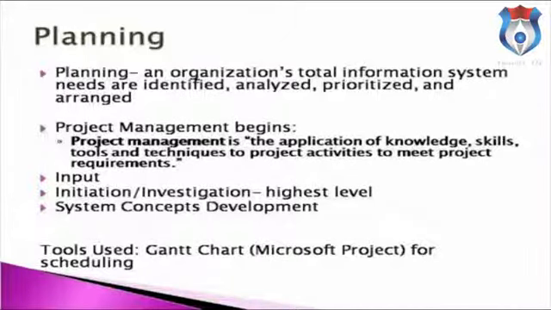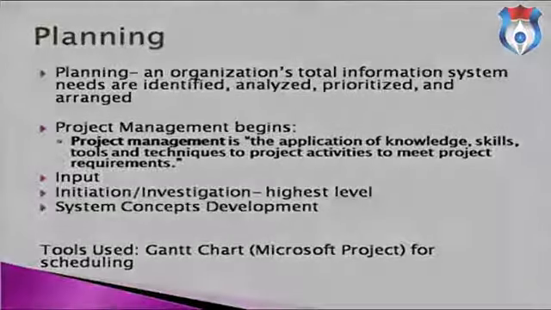In planning, an organization's total information systems needs are identified, analyzed, prioritized, and arranged. This is where project management begins. You take the input, you do investigations and initiations at the highest level, and create system concepts development. It's also where we're going to use the tool Gantt chart from Microsoft Project for scheduling.